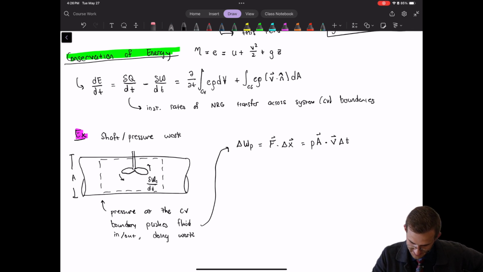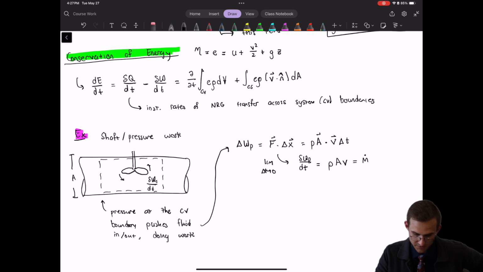Okay, and then if we take the limit as delta t goes to 0, then we end up with our rate of pressure work transfer, delta Wp dt, is equal to P A V, which you can rewrite as m dot P v using specific volume.